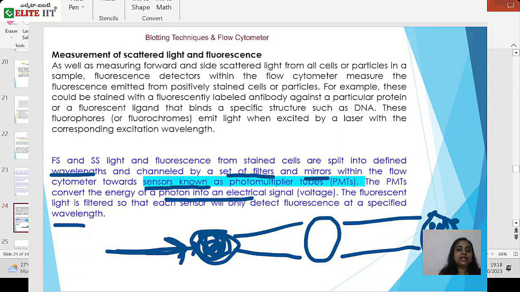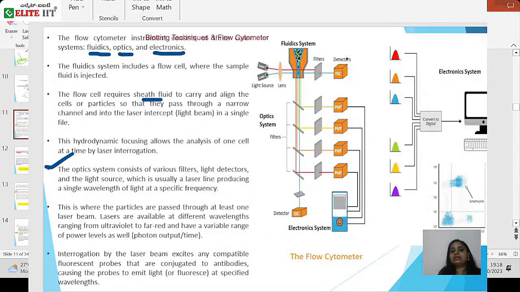Now again I am showing you what are the things attached with the flow cytometer. See, three systems: fluidic system, optic system, and electronic system. In the fluidic system, two things are there. One is the core cell, that is the flow cell, where the sample is loaded. Second is the sheath fluid, where generally buffer saline is given.